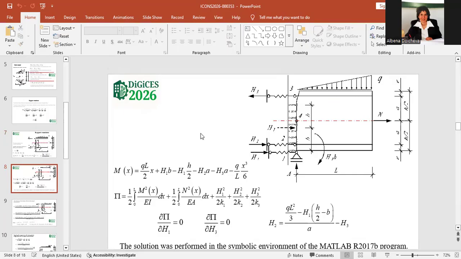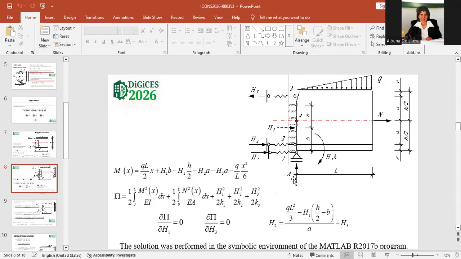After that, we write the bending moment of the beam and use the equation of potential energy of deformation, using the force H2 and the other two equations given by the Menabrea theorem. We can determine the three support reactions.